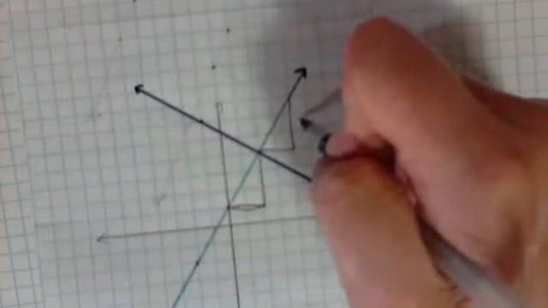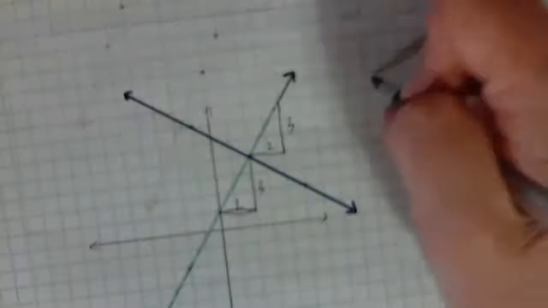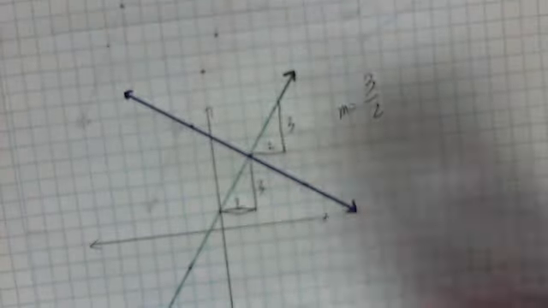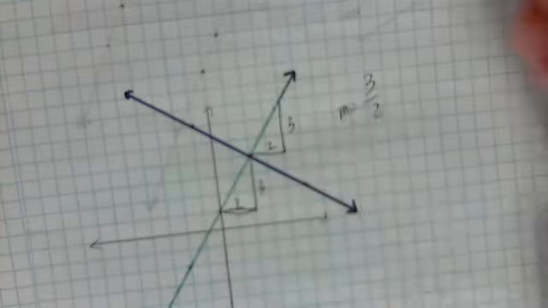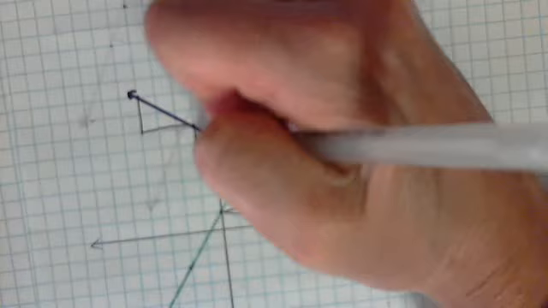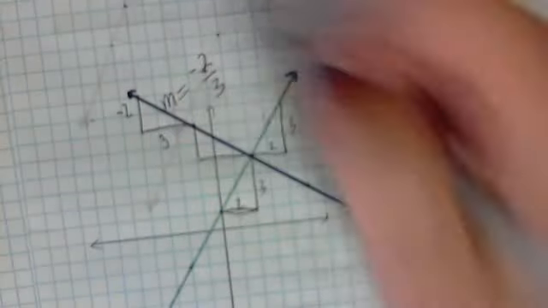So it looks like it rises 3 and runs 2, so the slope is 3 over 2. That's the green line. Now let's look at the blue line. Let's start at a whole number point. Drop 2, run 3. So negative 2 over 3. The slope of this line is negative 2 over 3.